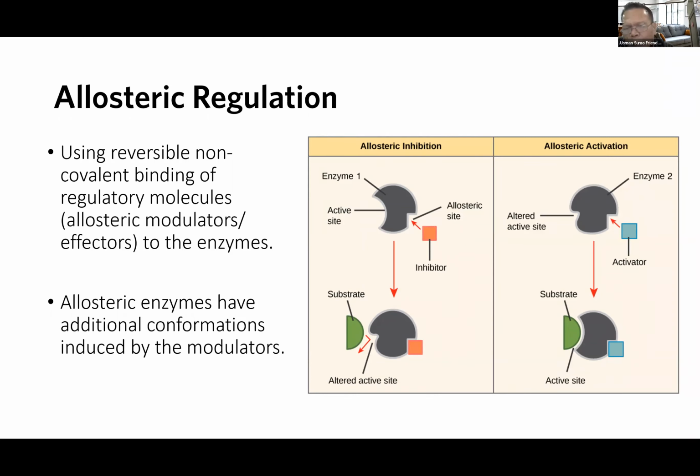But let's see the allosteric activation. In this allosteric activation, the activator will attach to enzyme 2.